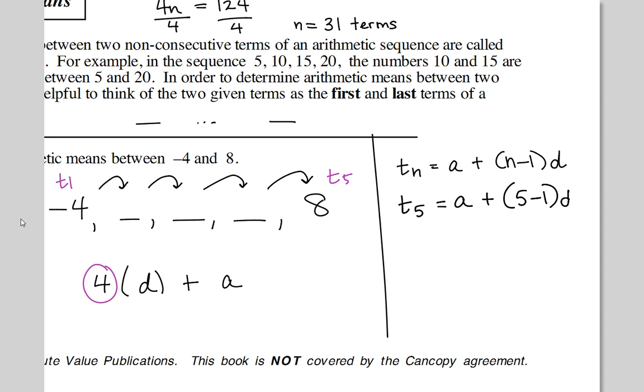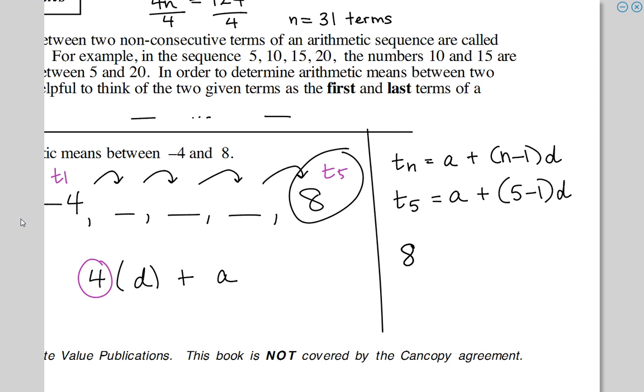We can put in the d. We know what it is. D. Oh no, we don't know what d is. We probably have to solve for that. We know what T5 is, right? T5 is 8. We know what a is, T1, so that's -4. Plus 5 minus 1 is 4 times d. So see how everything just done through the formula? You know, I thought about it for a while and I came up with something that was identical, but if you just go through the formula, you're always going to be safe.